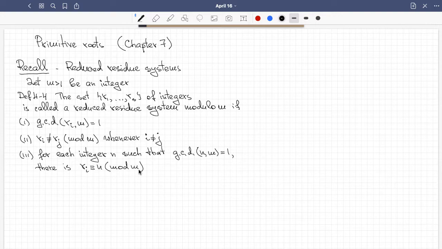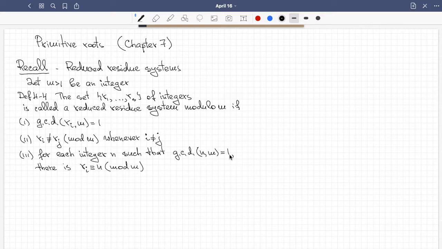There is a difference between complete residue system and reduced residue system. So in reduced residue system, they are all relatively prime to m, and it contains representatives only for those integers which are also relatively prime to m.